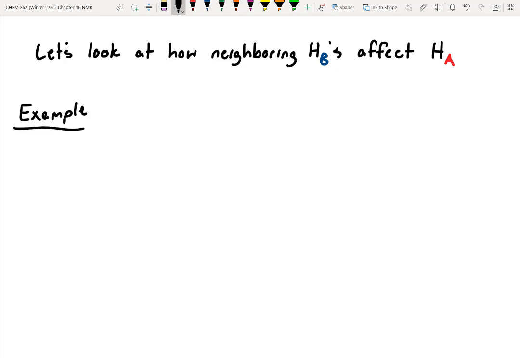In the first example, I'm just going to make up a molecule, and I'm not going to show all of the various attachment points. We're just going to make it kind of simple. We've got two protons that are adjacent to each other like this. We're going to say that HA is on the left and HB is on the right. So HA as a proton in this situation can actually feel HB in space through spin-spin coupling.